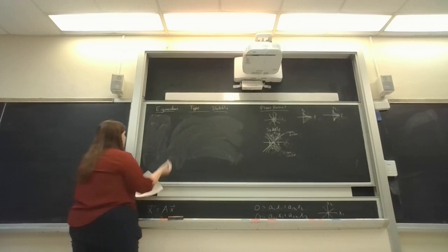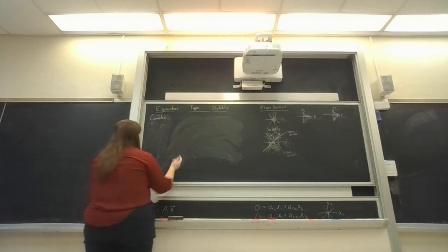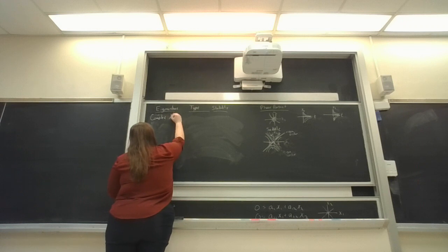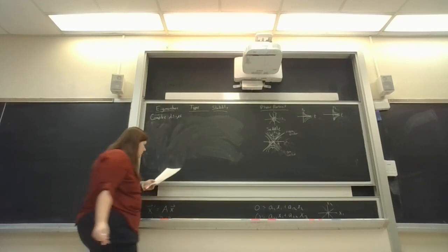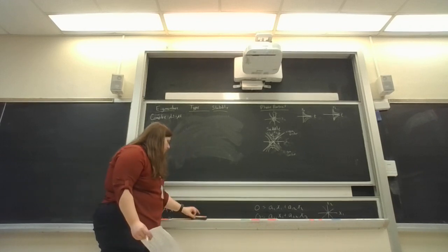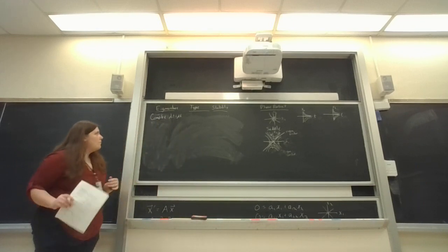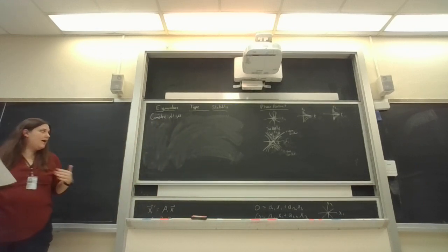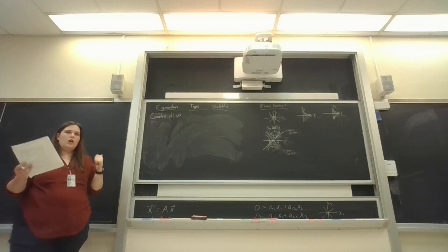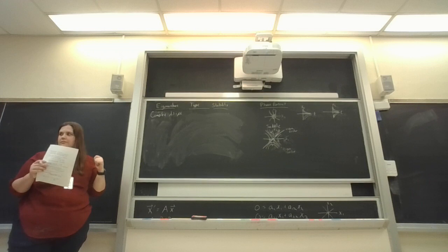On the chart. So now we're going to have complex, where we look at lambda plus or minus I mu. Does anyone remember what part of the eigenvalue we look at to classify our equilibrium value for complex eigenvalues?